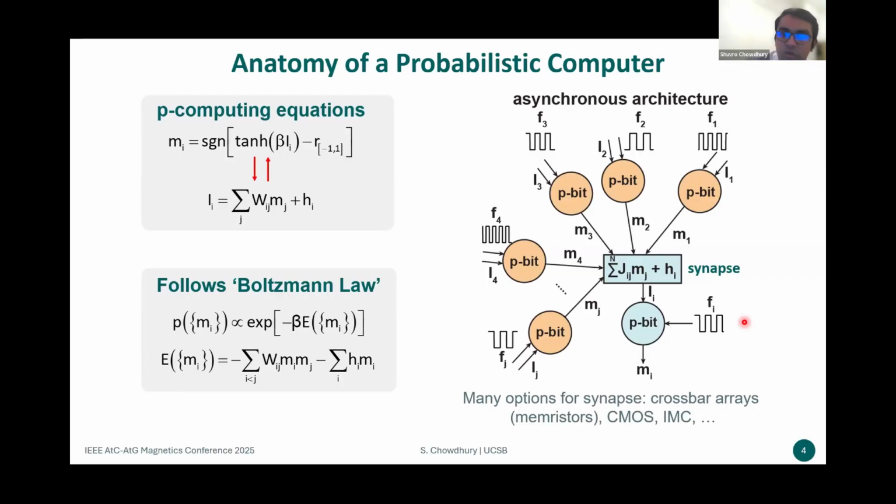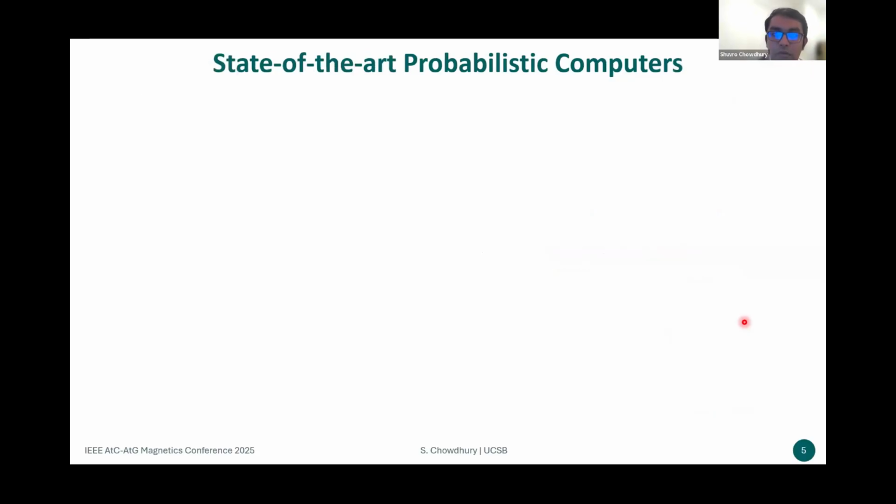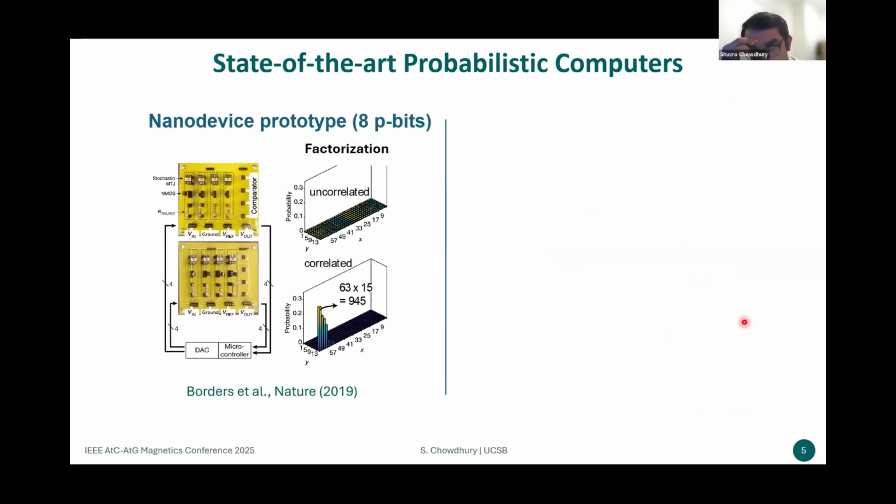So there are various choices for building your synapse, and that depends on your need and your requirements, what you want to achieve, and what your limiting factors are. Based on this, you can choose any of the items I mentioned here. So now let's talk about the state of the art probabilistic computers.